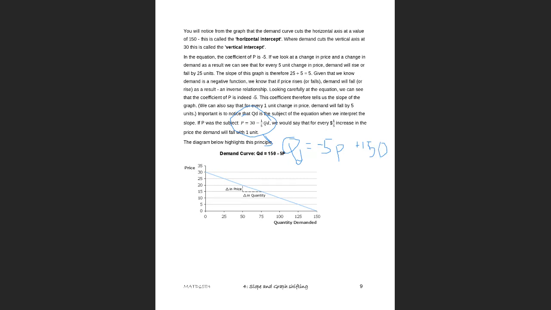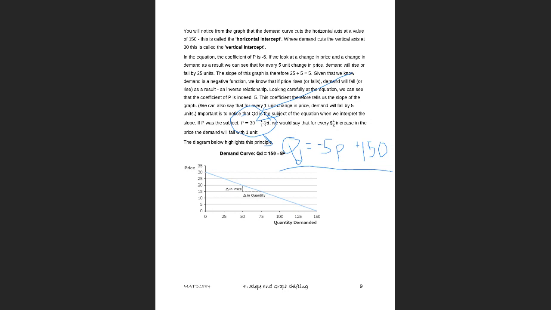So now, what does this mean? If you are looking at it from this angle, it simply means that anytime the quantity demanded increases by 5 units, the price will decrease by 1 unit. You understand me? And if you are looking at it from the other side, it simply means that anytime the price increases by 1 unit, the quantity demanded will decrease by 5 units.